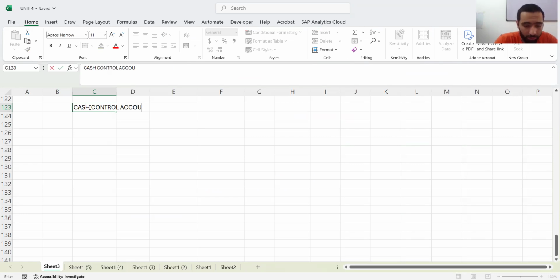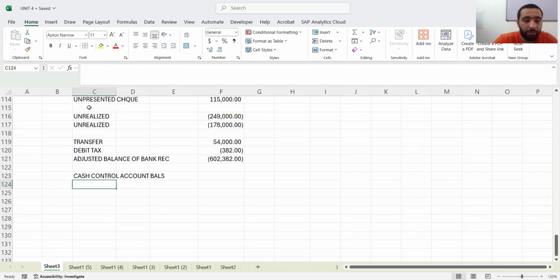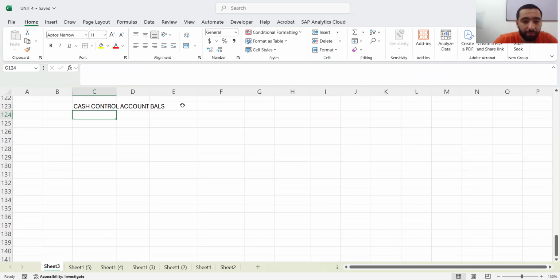Cash control account balance. I want to know if it is credit, favorable or unfavorable. We have done it in the previous page. Come on, I need answers.